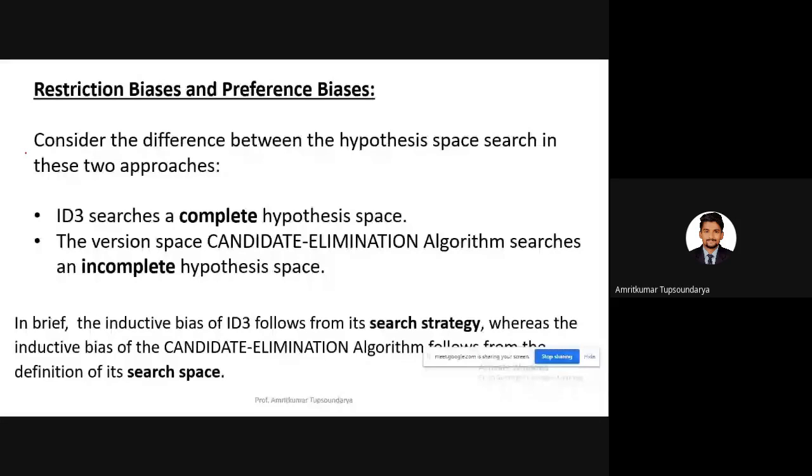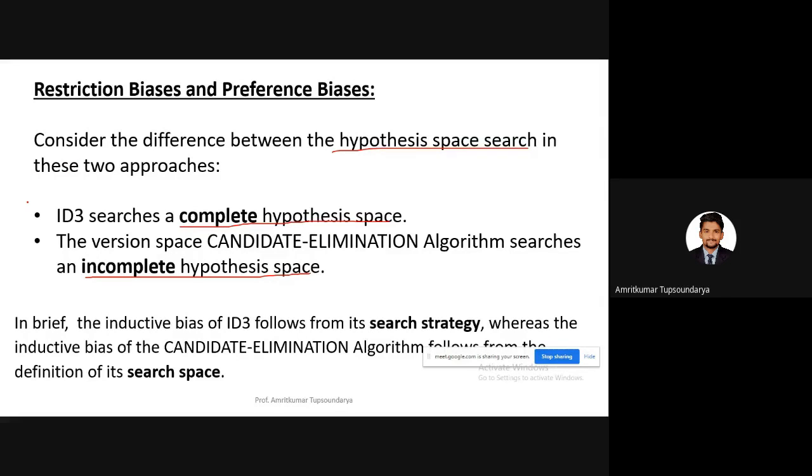For that, let's consider the difference in the hypothesis space search between the two different approaches that we have, and see how the different inductive biases play a role in them.